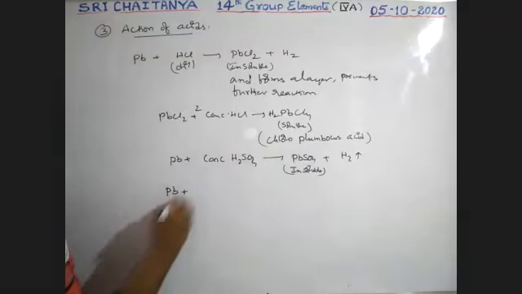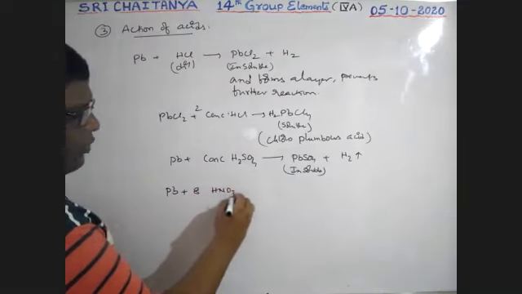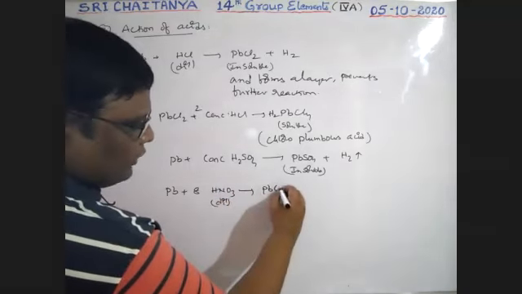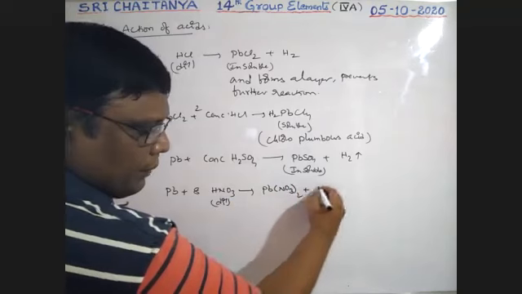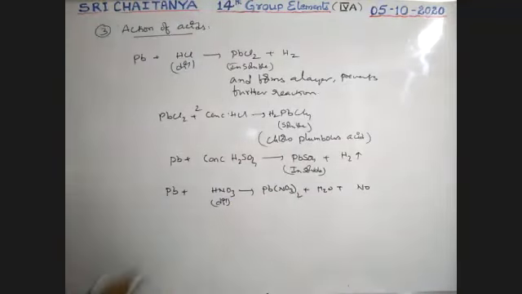When lead reacts with dilute HNO3, that gives Pb(NO3)2 plus H2O plus NO as the product. Please balance it.